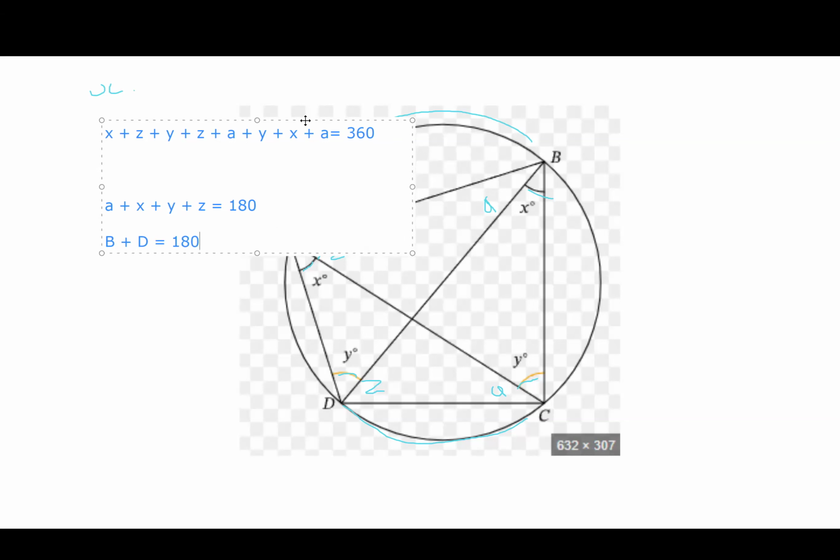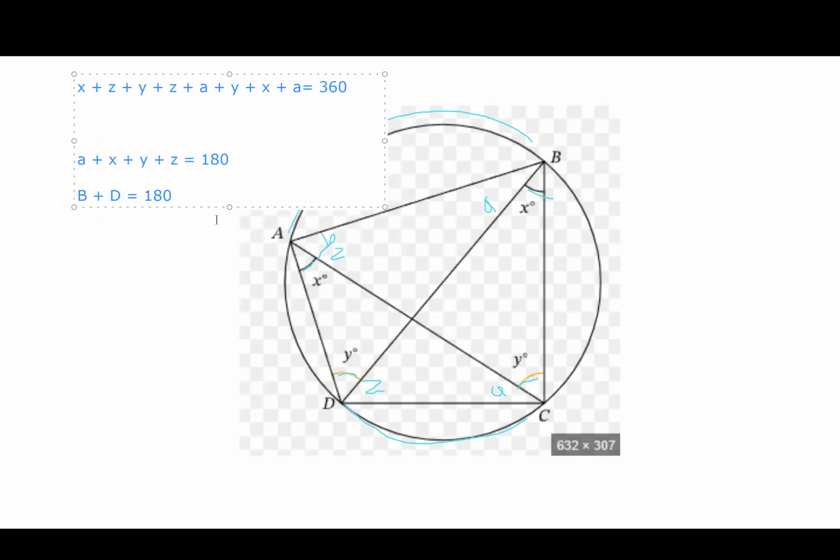So therefore, B plus D will equal 180. And we can do this for angles A and C too. For A and C, x plus z gives me A, right? And then plus A plus y. I'm just rearranging this equation here.